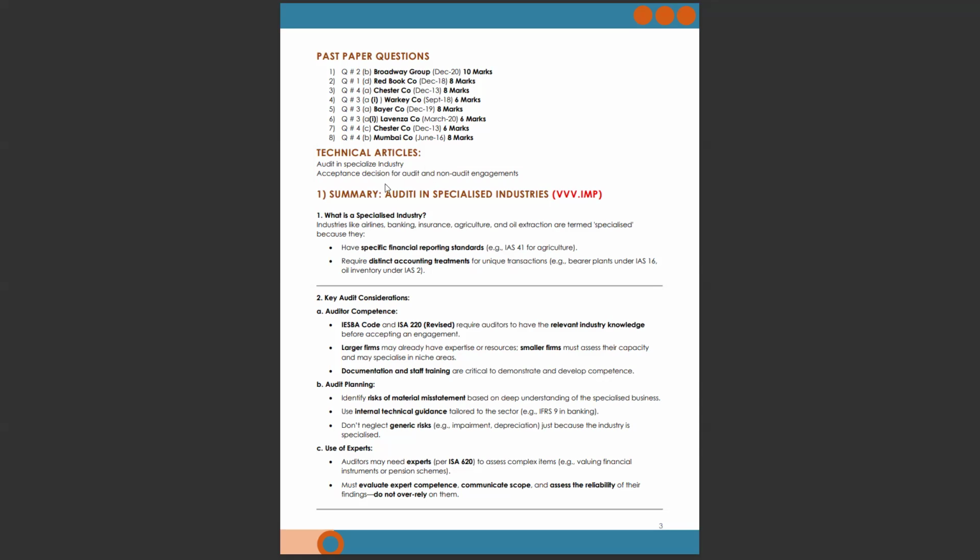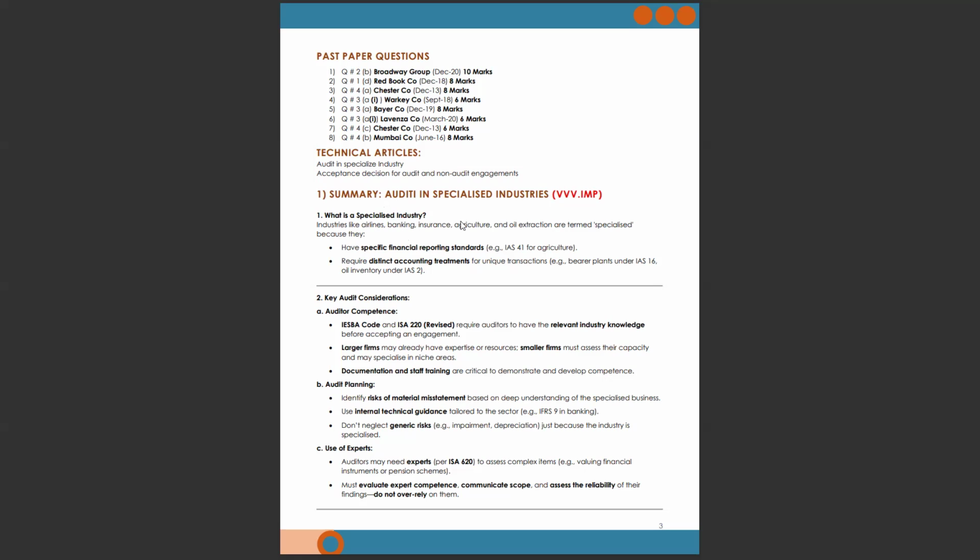Also, there are two technical articles: audit in specialized industry, and accepting decisions for audit and non-audit engagement. This is a very important technical article, not only for this topic but for your entire triple exam. I have written down the summary for both the technical articles, so I am suggesting you to read the articles.